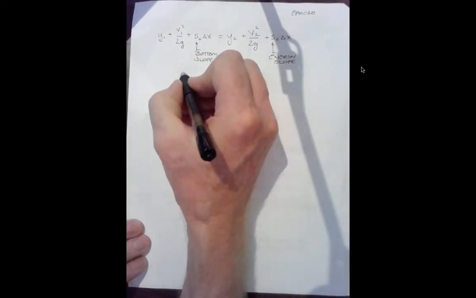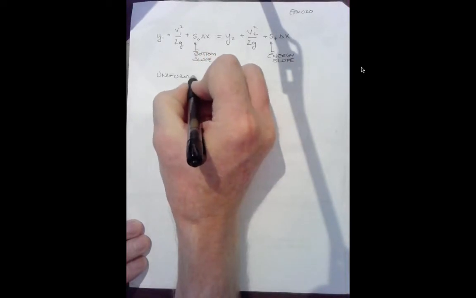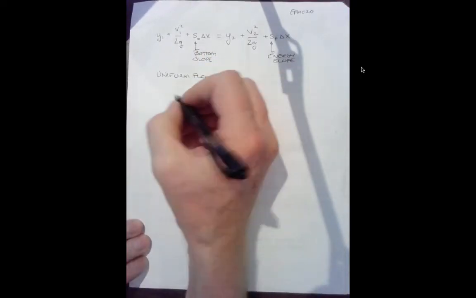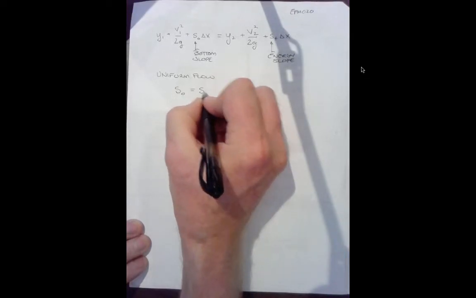So in that instance, we have the property that S sub 0 equals the friction slope, and that is exactly the definition of uniform flow.